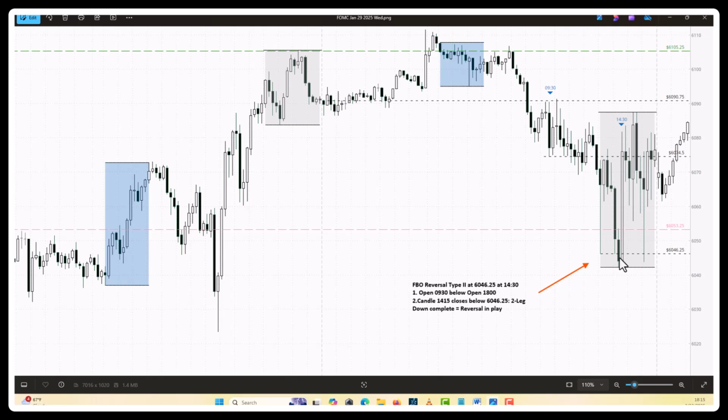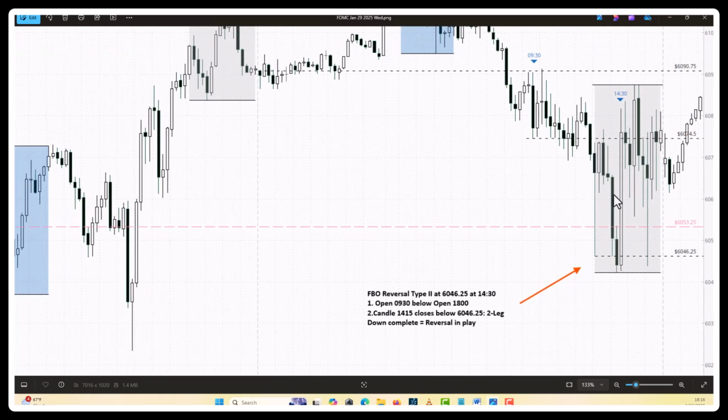Right here you see the 2 p.m. expansion, and then the 2:15 creates a reversal right here. It's type 2 right there. Test from above, break and reverse. It reversed at 2:30 right there.